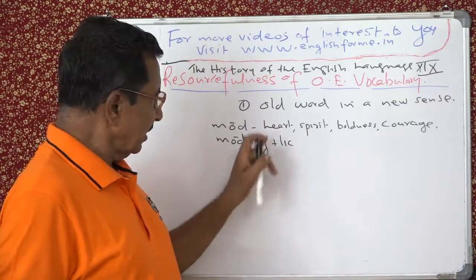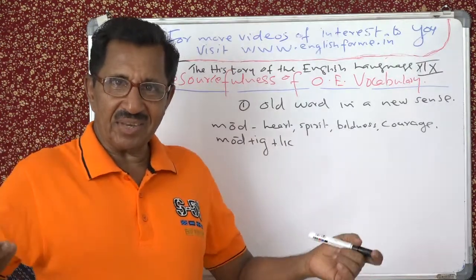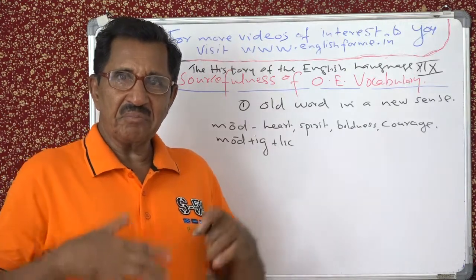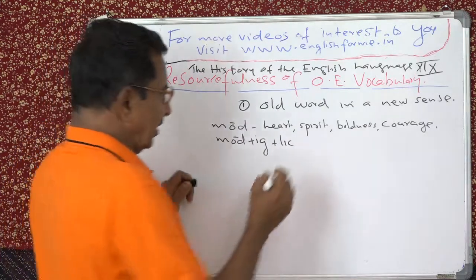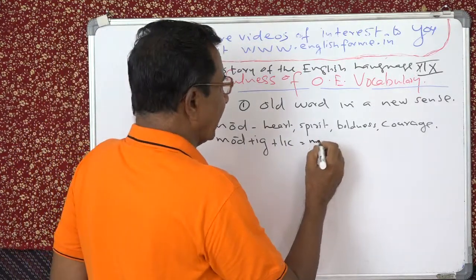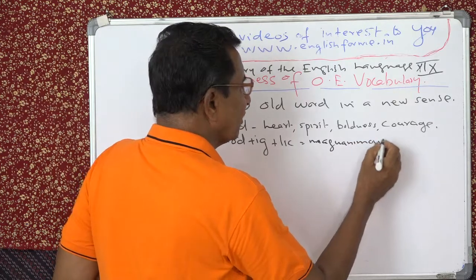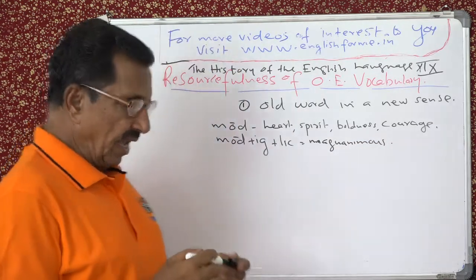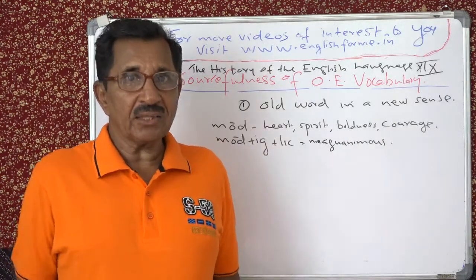So from this heart, they took another meaning. Modlic means big heart. Big heart means what? Magnanimous. A person who is magnanimous, large-hearted. Mahatma, isn't it? That's why we say Mahatma Gandhi.